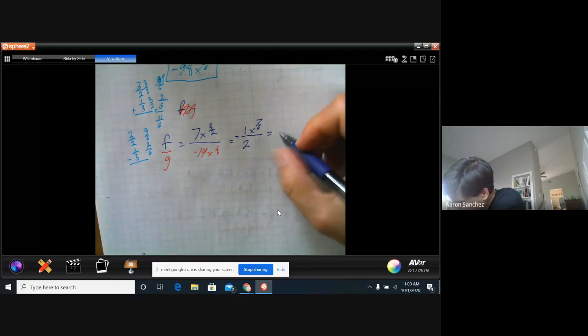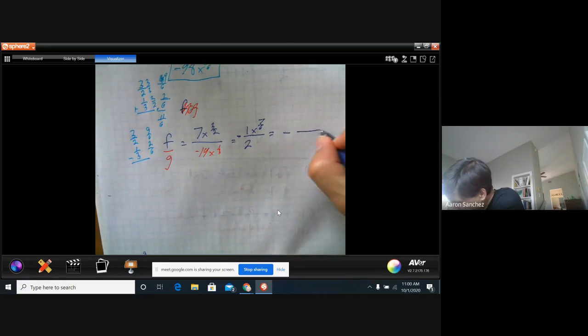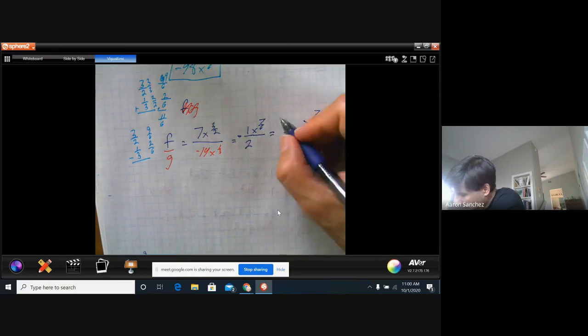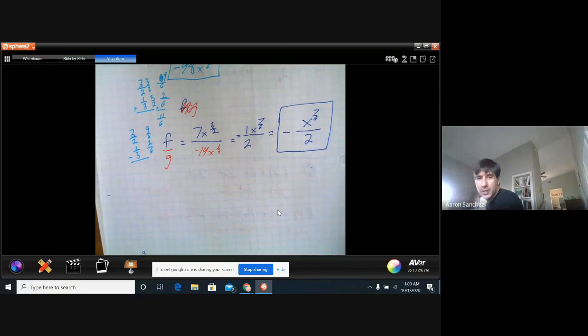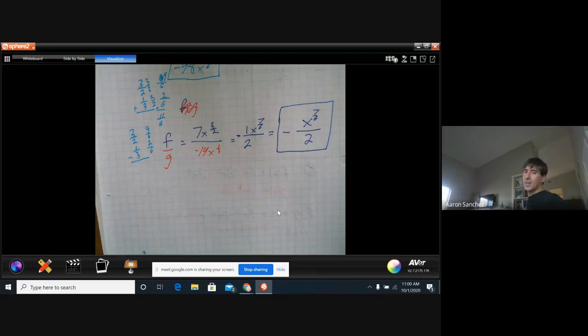So my final answer I can write as negative x to the 7/6 divided by 2. You can write that. Graph that on your Desmos and figure out the domain and range. That would be crazy to graph by table because of that fraction. I give you the blessing to use Desmos.